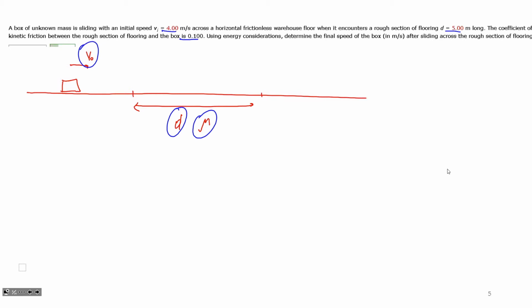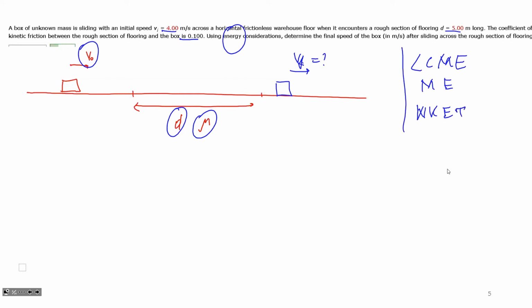So friction will slow it down. And eventually, after it passes this rough patch, it will keep traveling, having a different velocity. Well, if we need to use energy considerations, we can use law of conservation of mechanical energy, master equation, or work kinetic energy theorem, which are physically identical, mathematically slightly different.